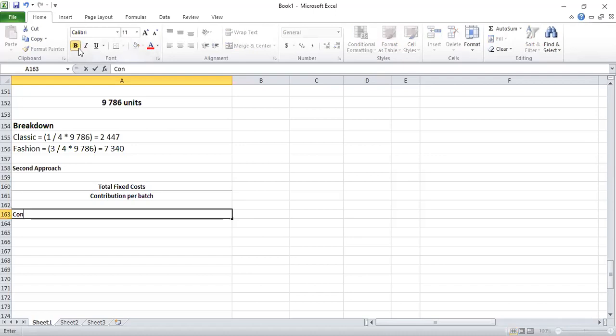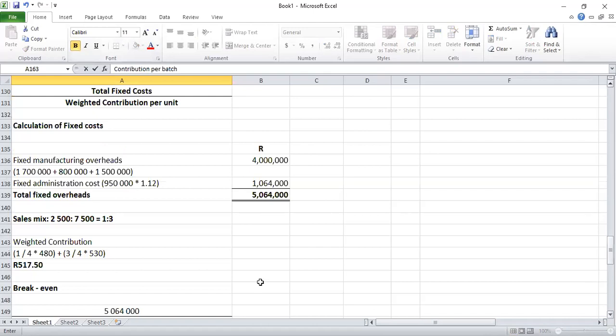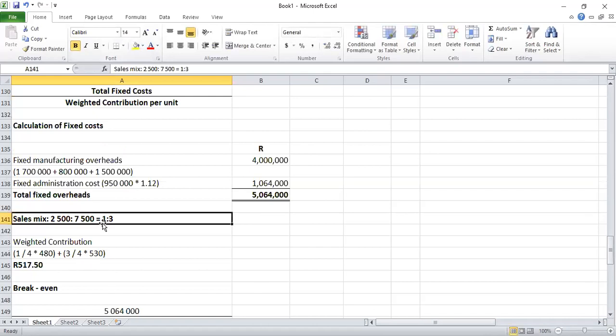Our assumption would be that a batch of sales would involve, we'll take it from the sales mix, 1 unit of classic and 3 units of fashion.